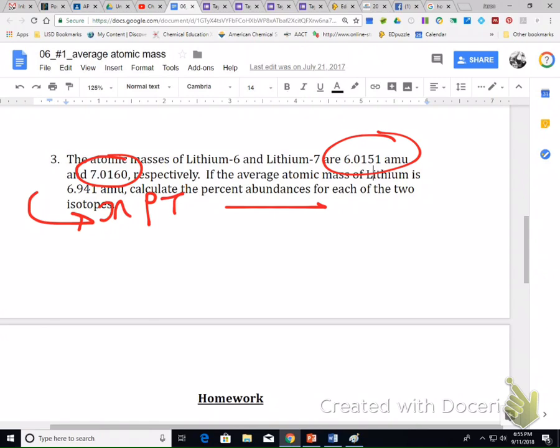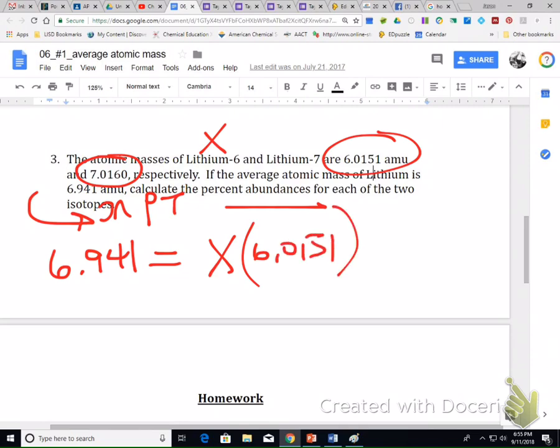Well, let's plug into the same equation. This time we're given the average, 6.941, and that's going to equal our percents, which we don't know. So let's make lithium-6 X, and then we said its mass is 6.0151. Well, if lithium-6 is X, what the heck is lithium-7 going to be?